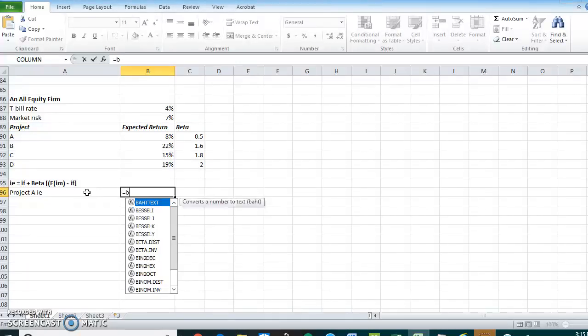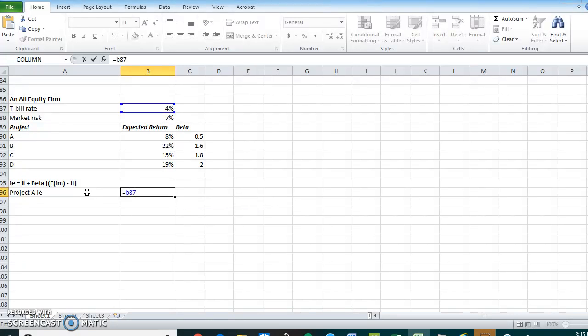So that's B87 plus our beta, which, our beta for project A is C90 times our market risk, which is B88 minus... just times 7 times B88.